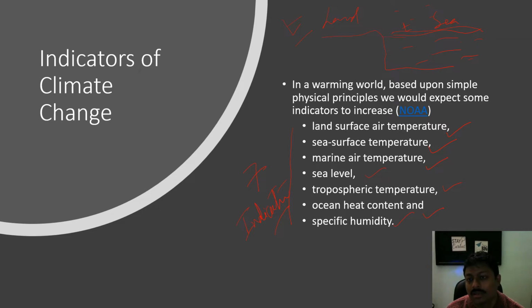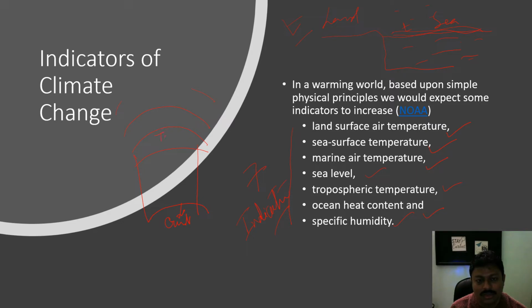Sea level, as all of you know, is the water level of the sea. Tropospheric temperature, as you know, this is your earth crust. This is the atmosphere that we live in. After that, there is troposphere, stratosphere, and various other spheres.